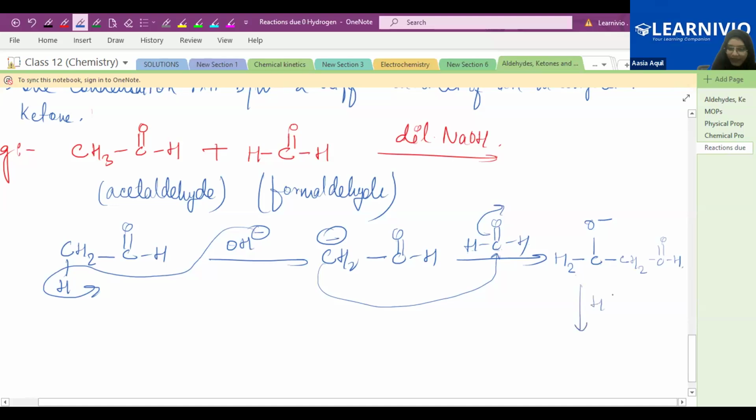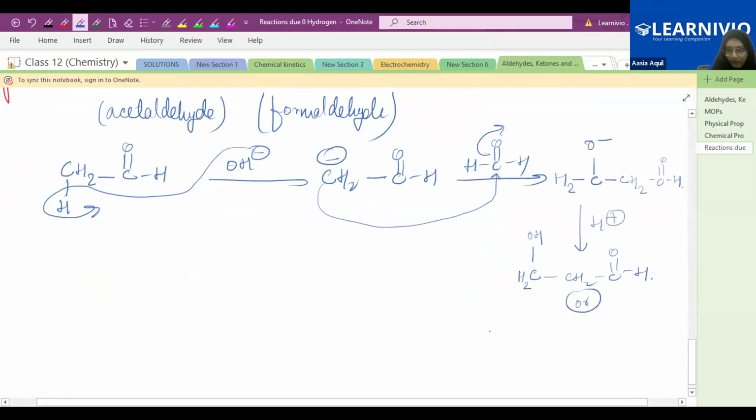Next step, when you give H plus ion, the hydrogen will get attached to this oxygen and it will form CH2OH. And how can you write this? Just like that, a straight chain, OH over here, CH2, CH2, and this is your CHO. At one terminal there is an aldehyde group, and at the other terminal there is OH.